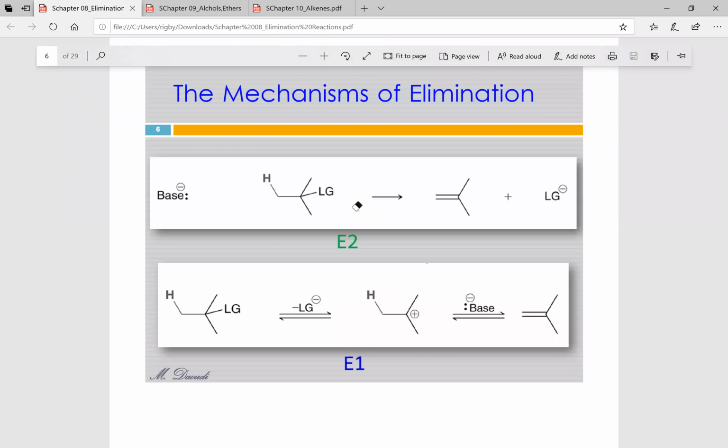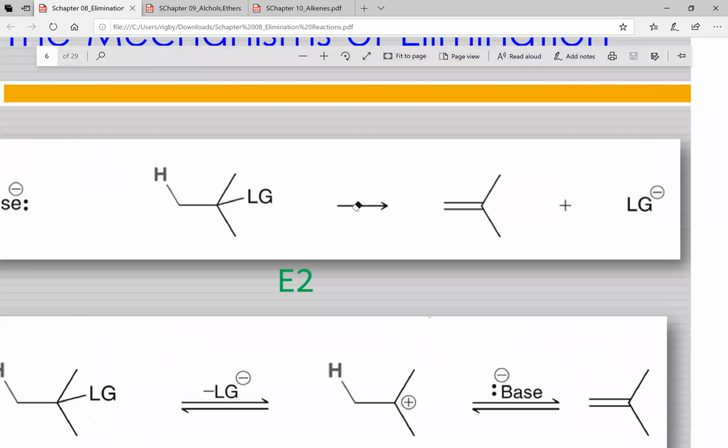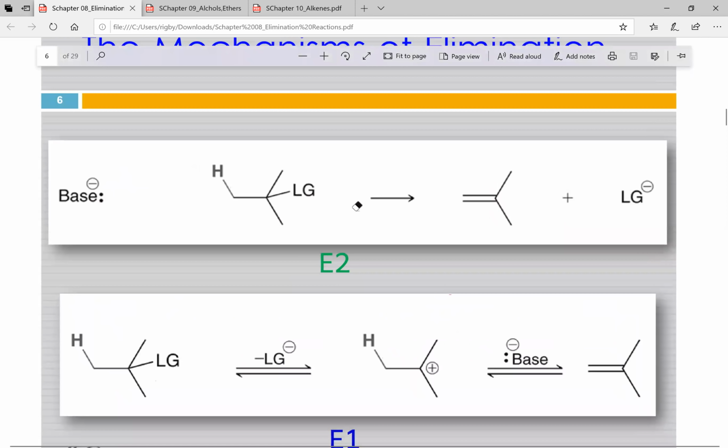Here we are going to be talking about the mechanism of this elimination reaction, and it's very similar to the mechanism of the SN1 and SN2 reactions, if you're familiar with that. Recall that E2 is our one-step reaction, and E1 is our two-step reaction. In E2, everything happens at once.